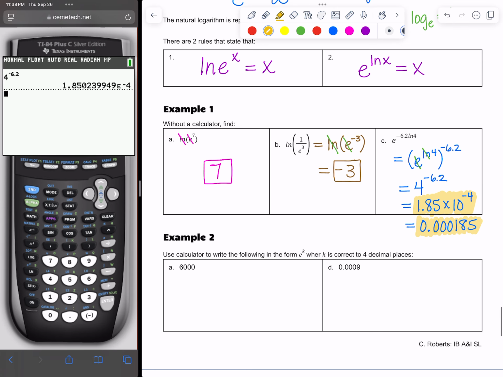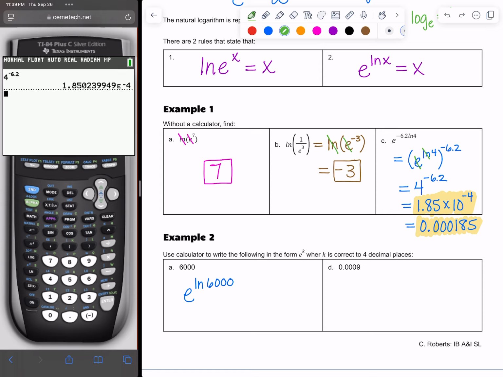All right. So now let's look at example 2. Example 2 says, use the calculator to write the following in the form of e to the power of k, where k is correct to 4 decimal places. So if we have 6,000 here, we can rewrite this as e to the power of the natural log of 6,000, because remember, the e and the natural log will cancel out, just leaving me with 6,000, so that's an equivalent form.